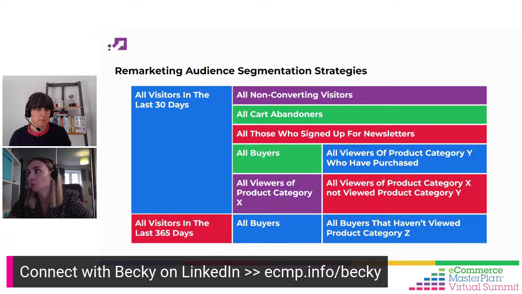And obviously, the more targeted you are, the more targeted you can be with your messaging. So I've got an example here. All viewers of product category X that haven't viewed product category Y, and if you were trying to sell product category Y, it's a complementary range to product category X, that's a really nice crossover and they should be interested, so they should be engaging.